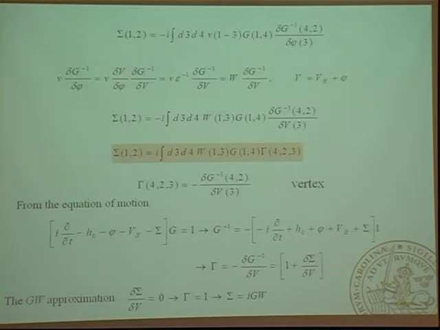So in the GW approximation, we neglect this contribution from the self-energy, set it to 0. So the vertex then is just 1, or just a product of delta functions. So this gives the GW approximation.